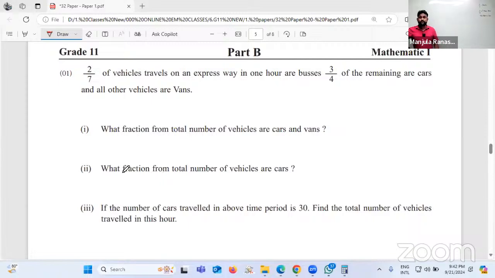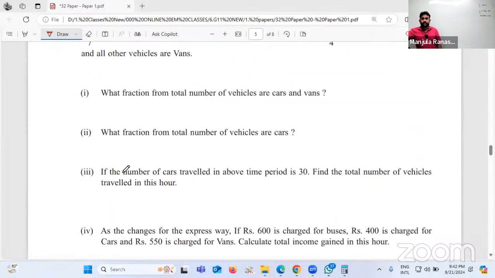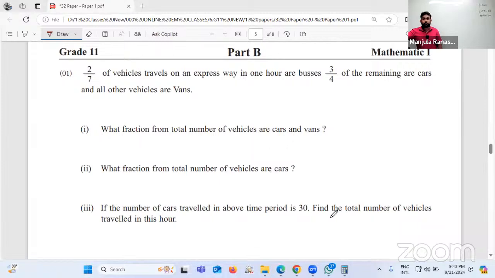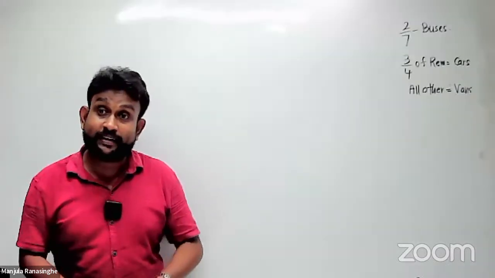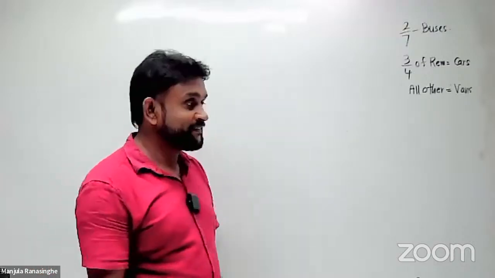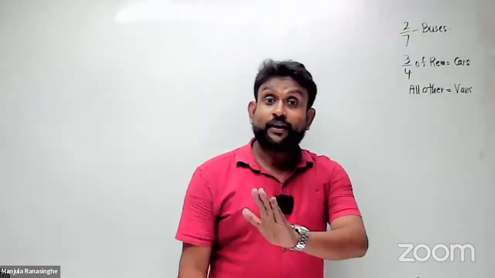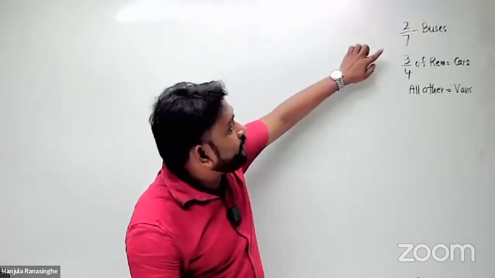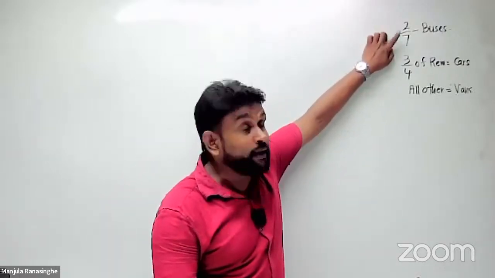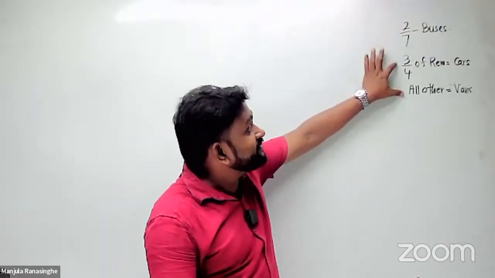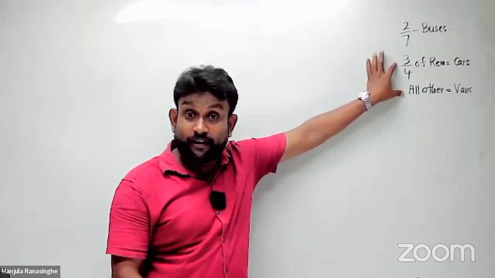First question: what fraction of the total number of vehicles are cars and vans? Look at an easy way to work it out. Buses are 2/7 of the part, then this is the balance. The remaining part goes to cars and vans.